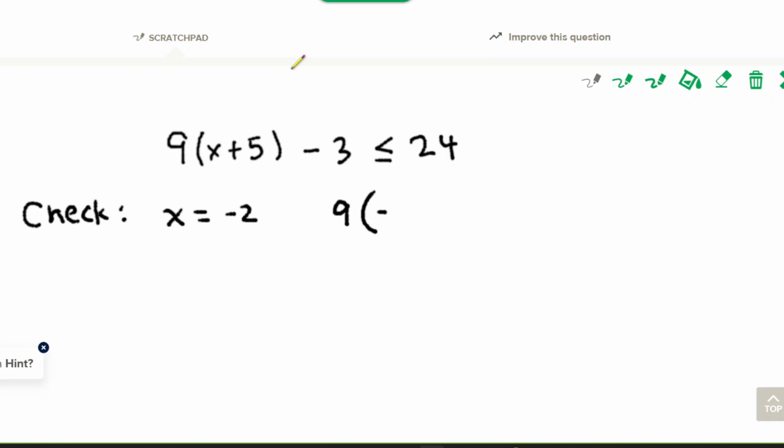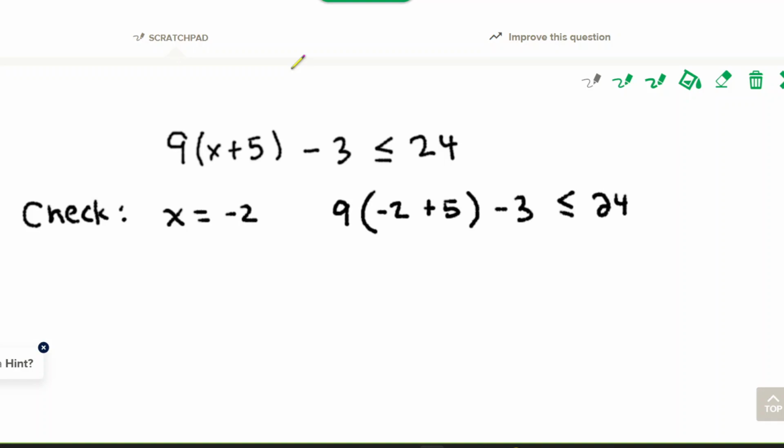Usually I put parentheses around my replacements, but if it's just a single letter with a coefficient of 1, I don't. Then plus 5, and then -3. And then, is this less than or equal to 24? Let's see if this is a true statement. Your left side, you're performing the order of operations.